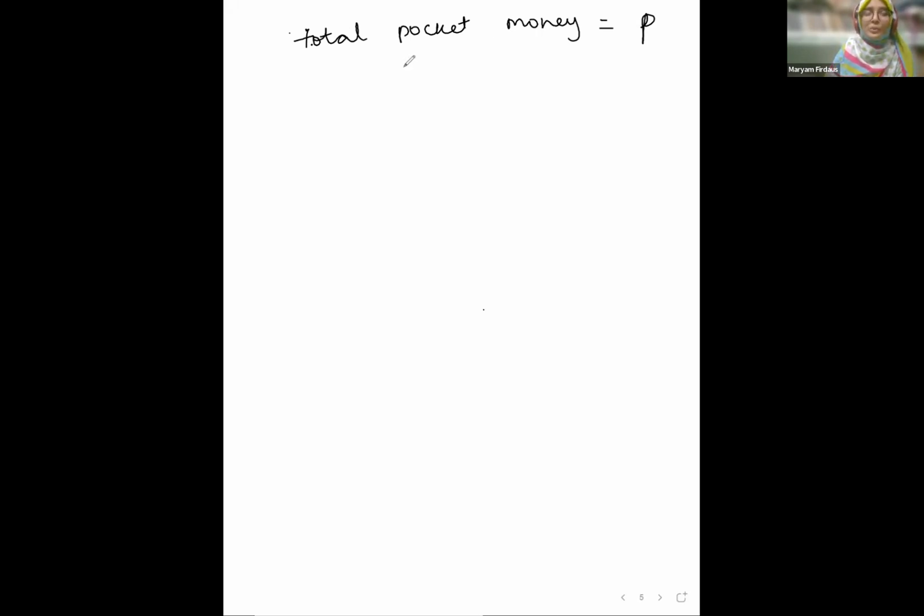Now out of that pocket money, you have to give 1/5 of that, or maybe not 1/5. Let's say you have to give 1/10 of your pocket money in charity. Just giving an example. So how will you write this?